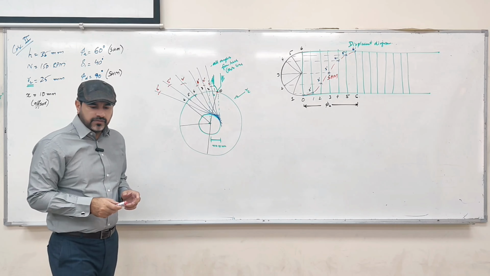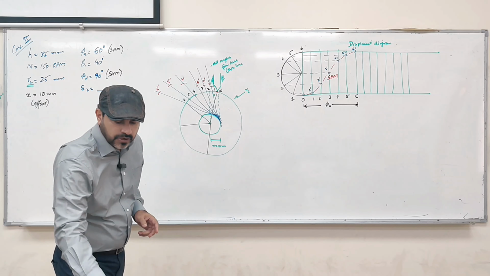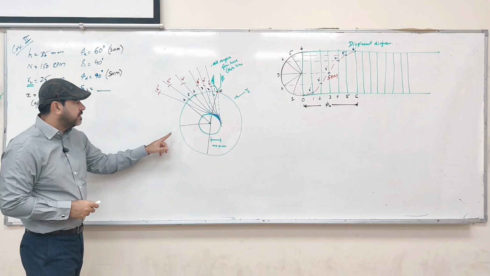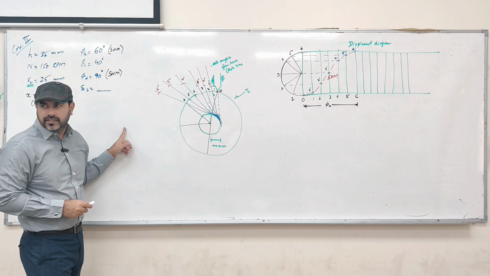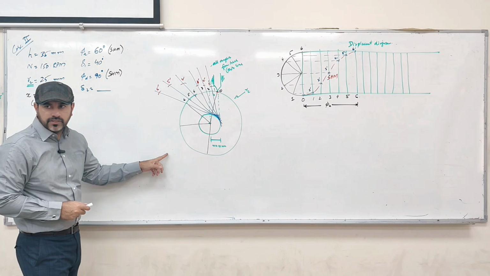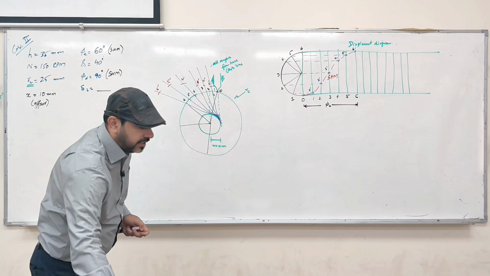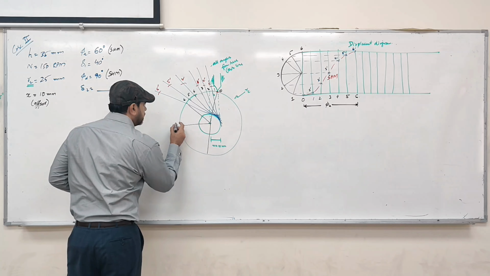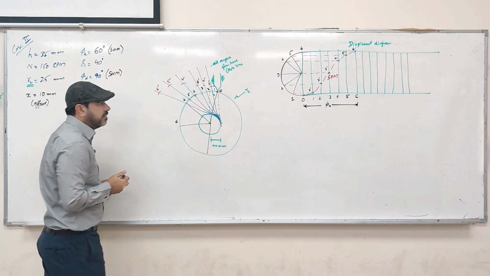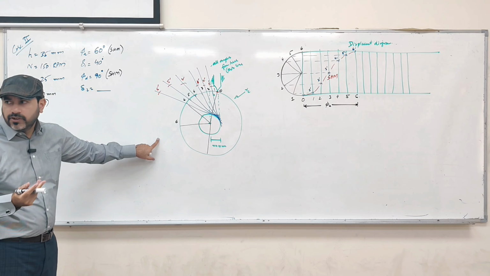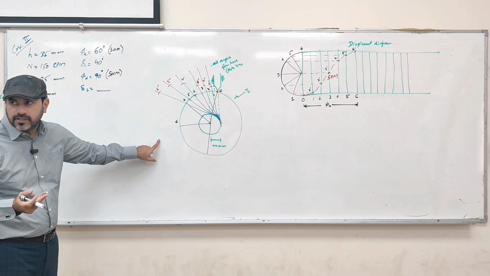Okay, then we have a dwell. So what in the dwell? This radius will remain the same over here, but you do not extend this line, because this is offset. So what you need to do? You need to draw it again. Let me label this point again. This is 6, and this is also 6. Why are we calling it 6? Because it's a dwell, and we do not want any change in the radius.